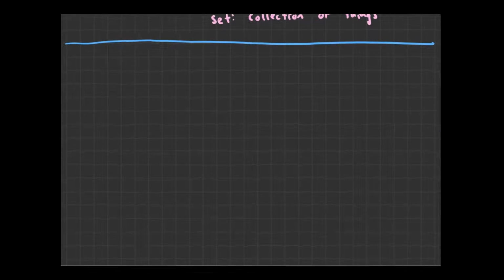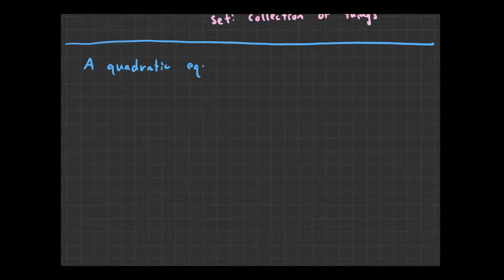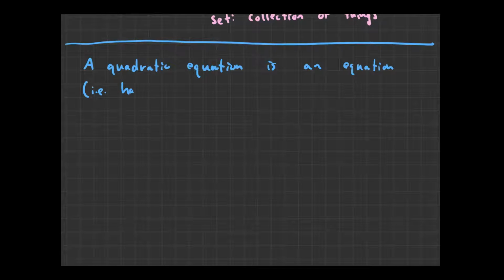So just so we're clear, a quadratic equation is an equation, i.e. has an equal sign. Okay, that's what makes an equation, right? If it doesn't have an equal sign, what do we call that?